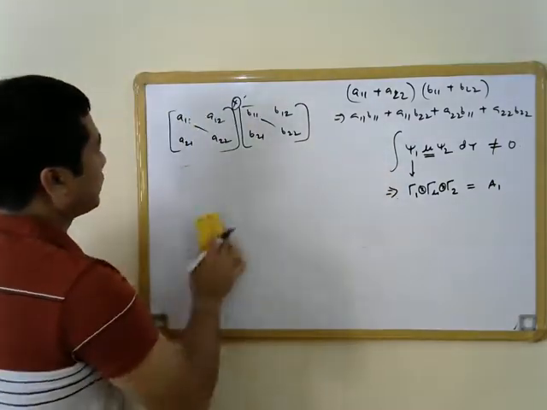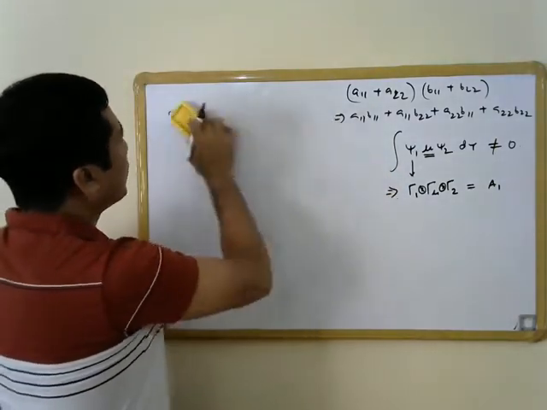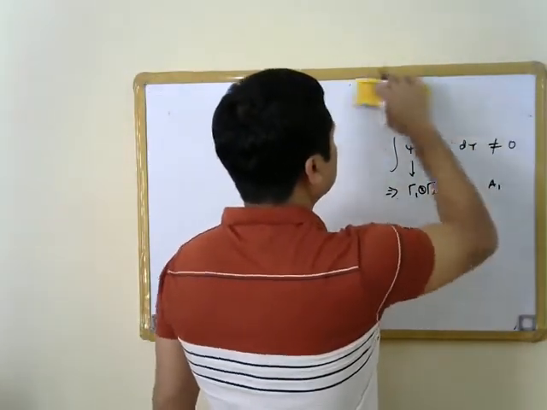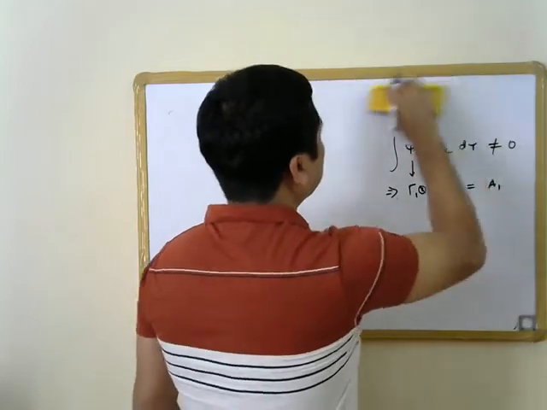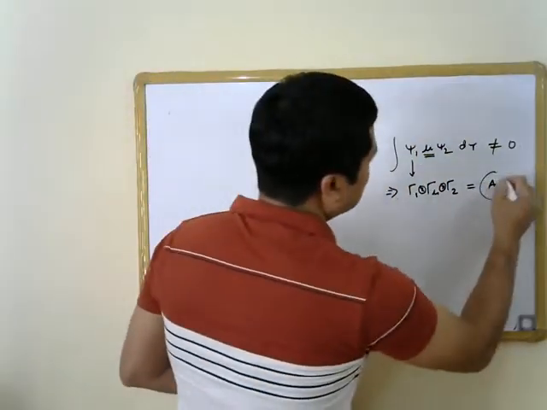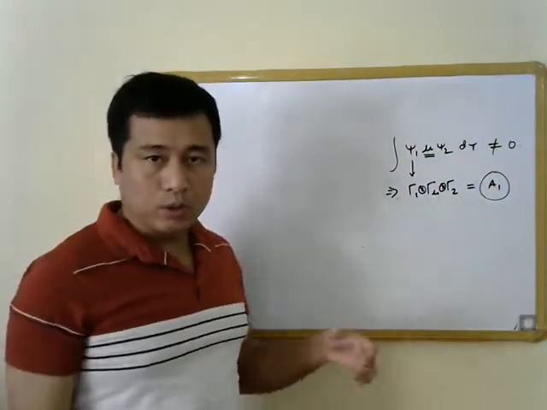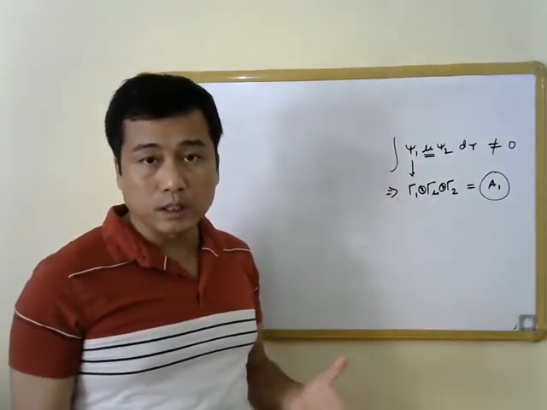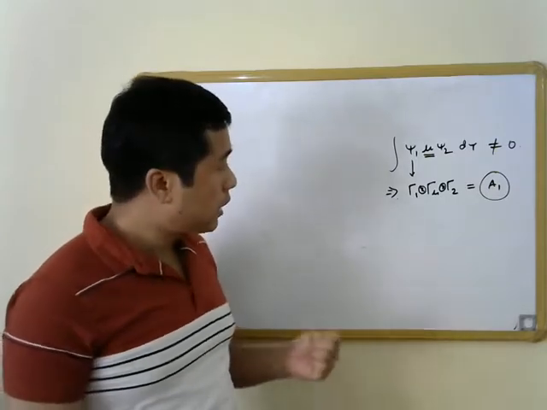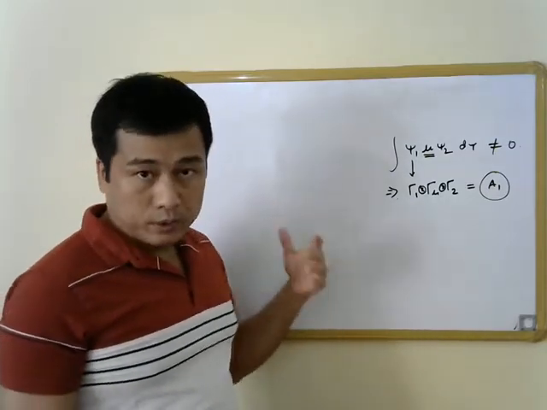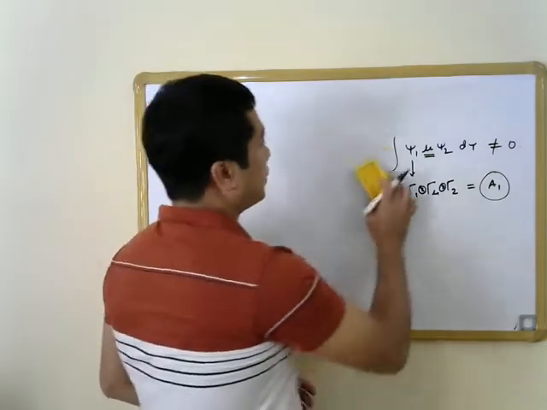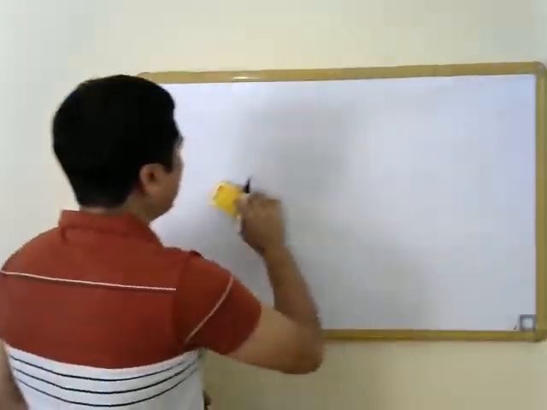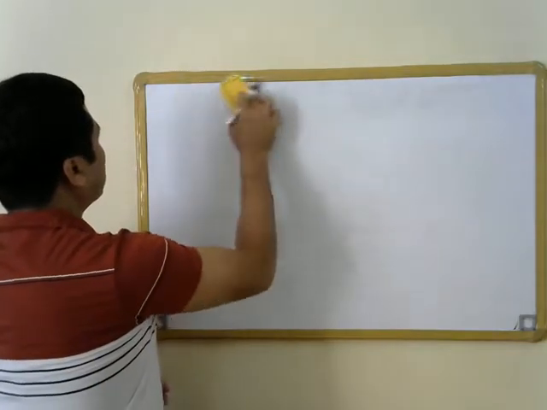We know the characters for the most symmetric irreducible representation, A1, because the characters of all symmetry operations in A1 have to be +1, +1, +1.